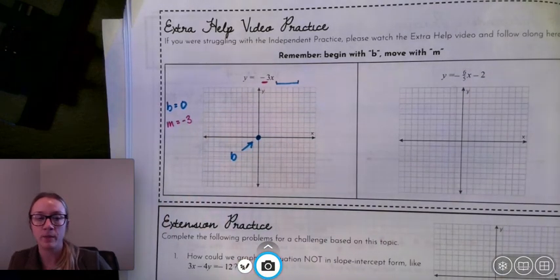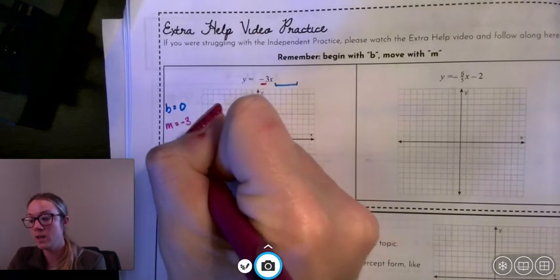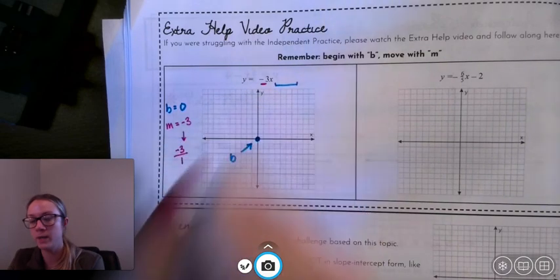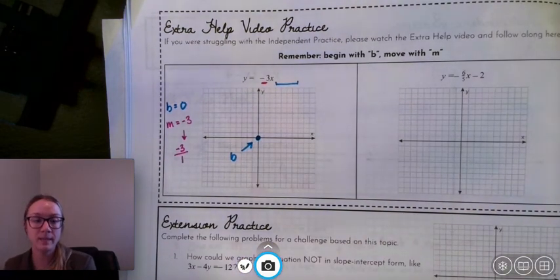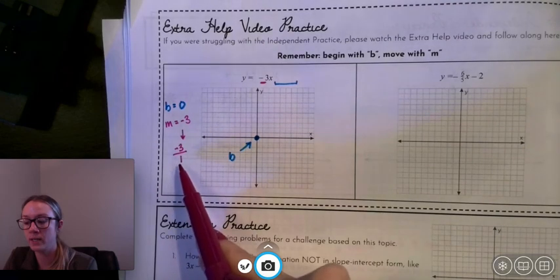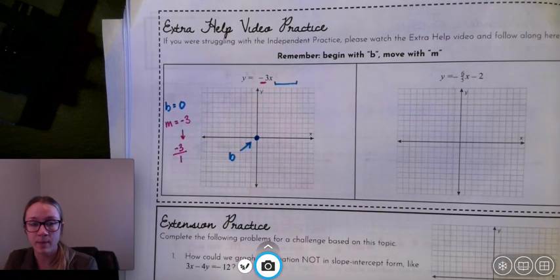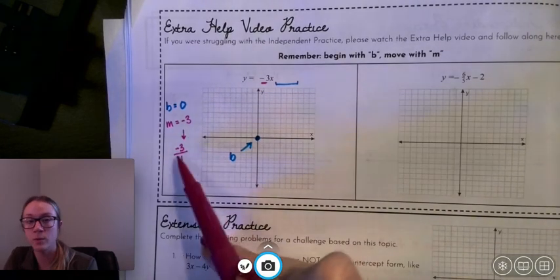So if we remember from when we did the practice yesterday, whenever we have a whole number, we can write it as a fraction. So this actually turns into negative 3 over 1. Those mean the same thing. So negative 3 over 1, when we have a fraction, that means division. Negative 3 divided by 1 would still be negative 3. So those are the same.